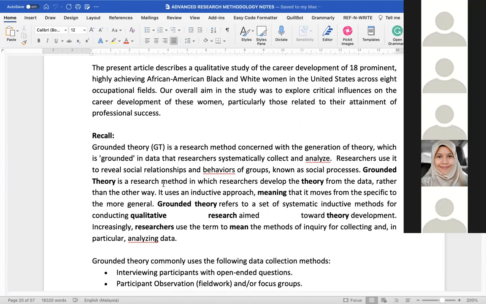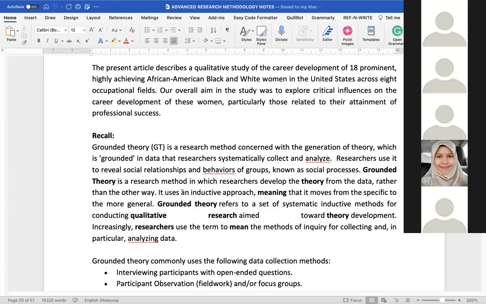Grounded theory is a research method in which researchers develop the theory from the data rather than the other way around. So for quantitative research, we have the theory, then we collect the data, and we analyze the data to test whether the data support or reject the theory. But in grounded theory, it's the other way around.